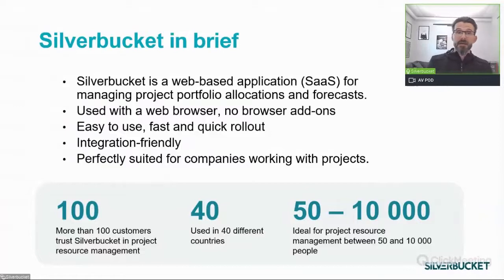Silverbucket, in a nutshell, is a cloud-based application for personnel resource management, typically used by different kinds of project organizations for planning the portfolio level of allocations. So it's not a tool for managing one single project. It's designed for more high-level planning.